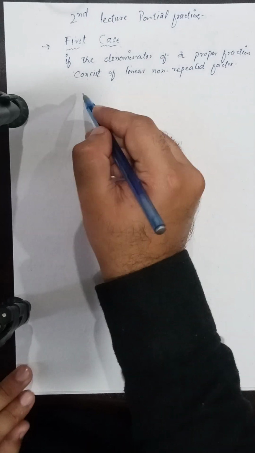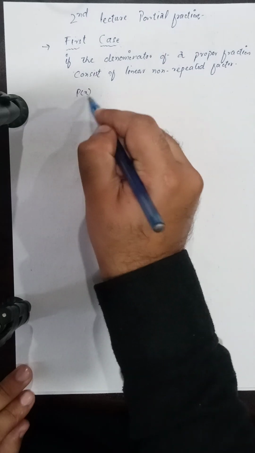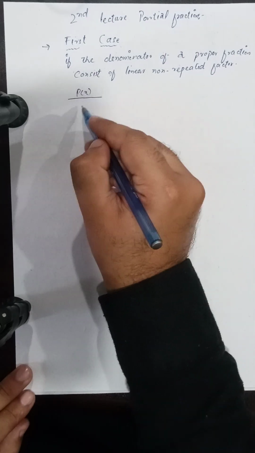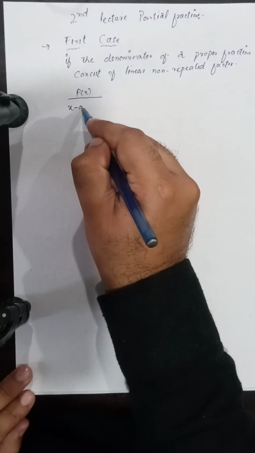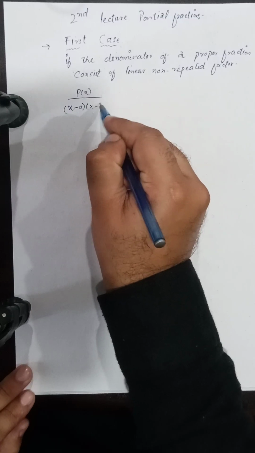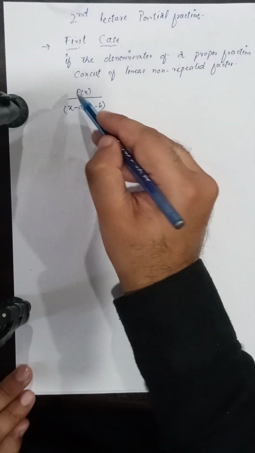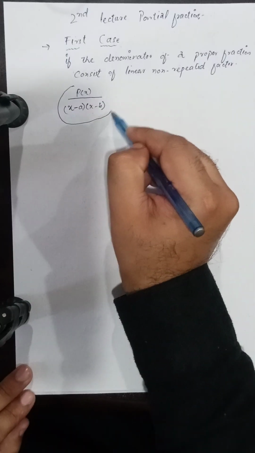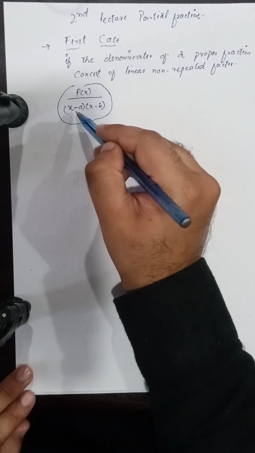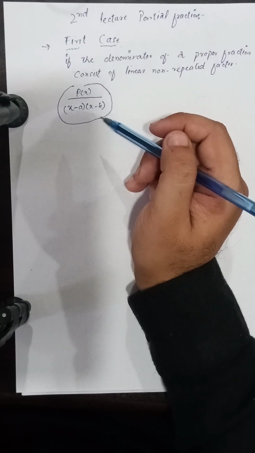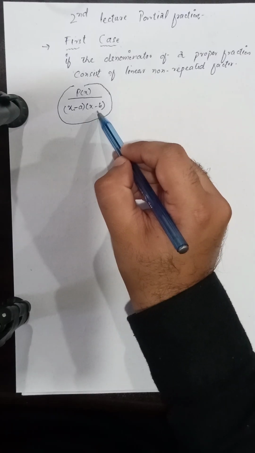For example, P of x over Q of x, where Q of x consists of x minus a into x minus b. This is a proper fraction and the denominator consists of linear non-repeated factors.